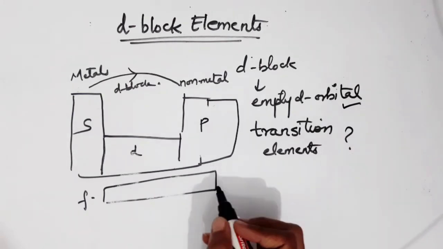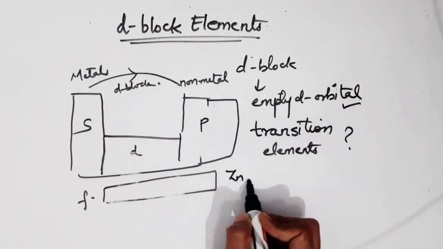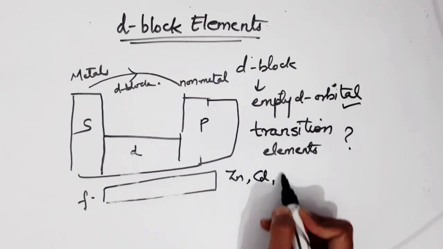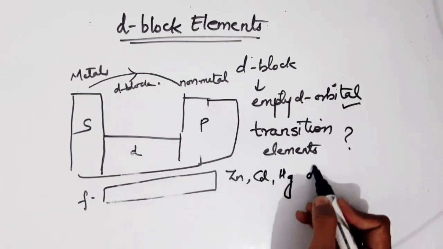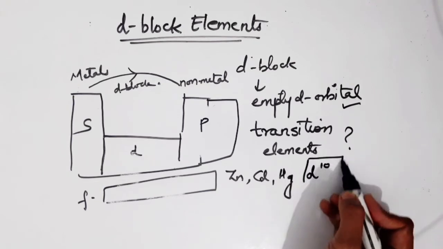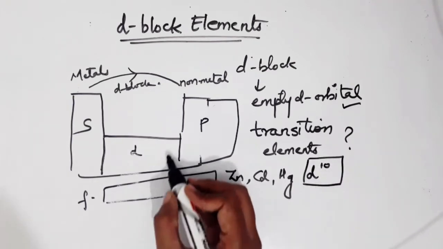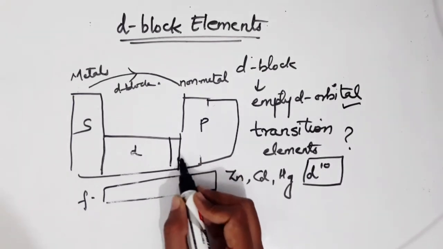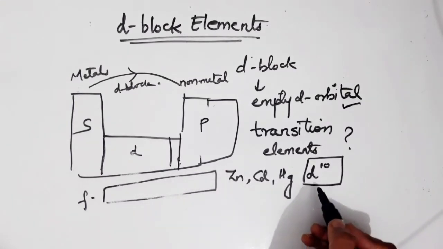Just now we have discussed that the elements having empty D orbital are known as D block elements. Now there are a few elements like zinc, cadmium and mercury which have D10 configuration, that is filled D orbital. Still they are present in the D block, so these elements are an exception. They have completely filled D orbital.